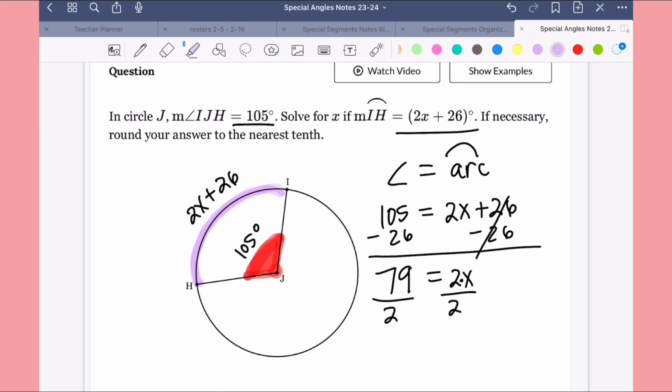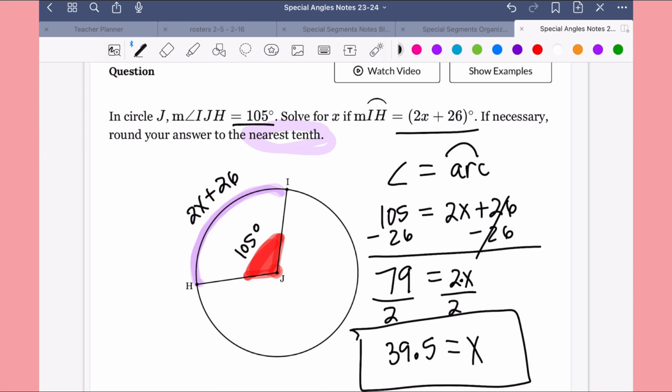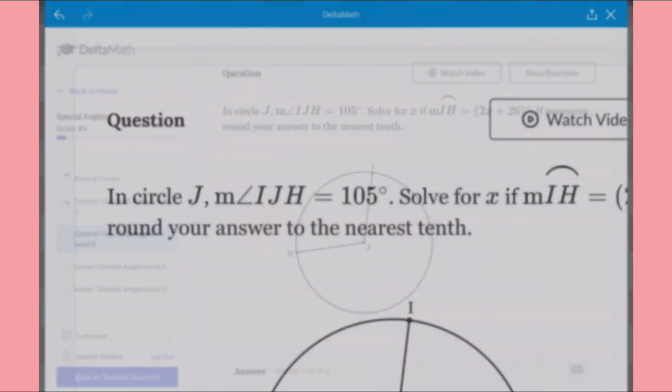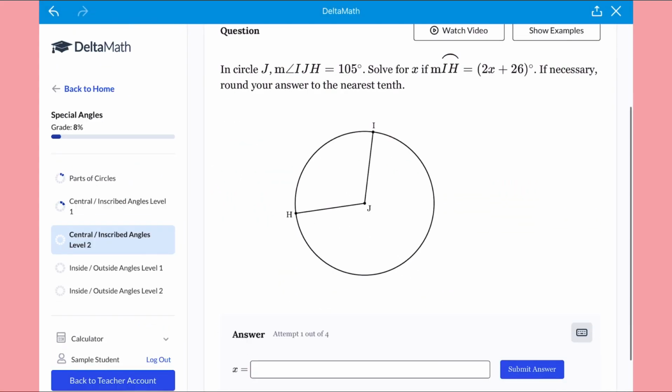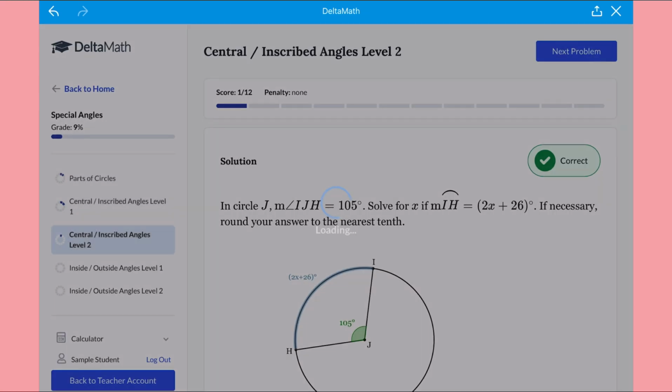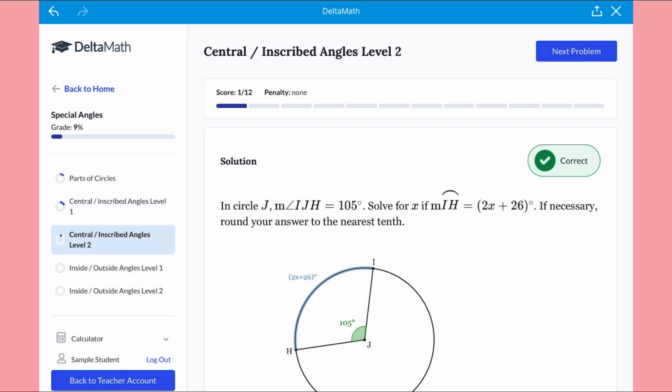They want us to round to the tenth. Okay, so 79 divided by 2, 39.5. Okay, and you should be showing your work for all these, because if you get stuck, I need to see where you need help if you're needing help. So 39.5. Yes. Good. All right, so that was a central angle with some algebra.